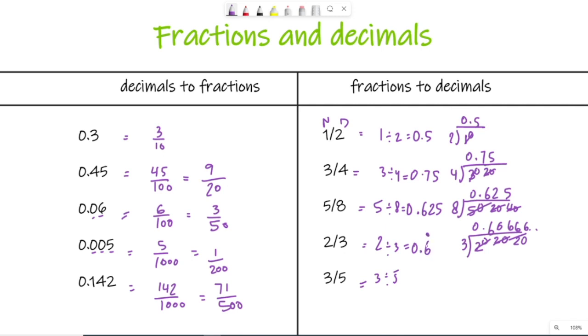Because we know that 6 is repeating itself, we put a dot over it. In some ways we put a line over it. So these types of decimals, which repeat themselves, we call them recurring decimals. Remember, recurring decimals.